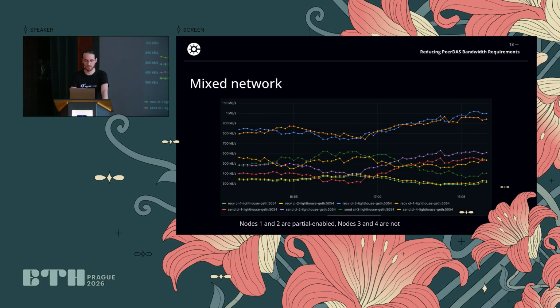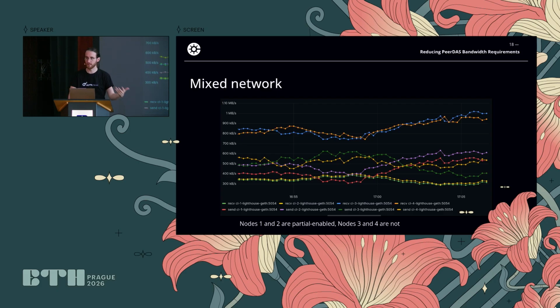And as I told you, we can actually have mixed networks, with only some nodes supporting partial messages. In my tests, this one is a bit complicated, but the top two lines represent the traffic for the full column-only nodes, and the lower lines represent the partial-enabled nodes, which are hovering around 350.